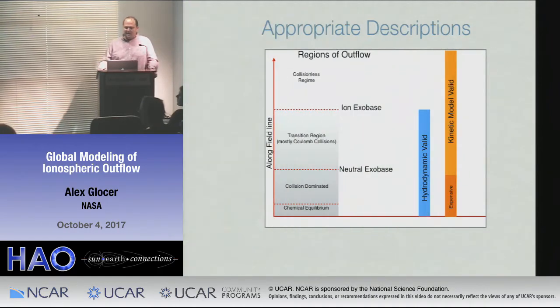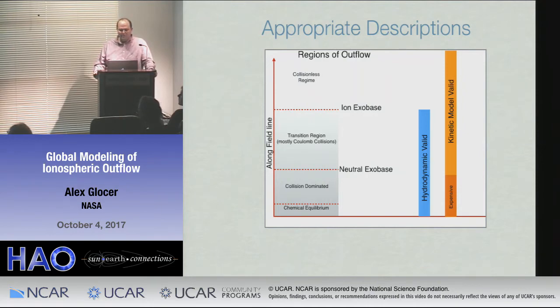So anywhere below the ion exobase, the hydrodynamic model is probably valid. And as you go above the ion exobase, you're basically losing validity if you're using the hydrodynamic approach. On the other hand, the kinetic model is valid everywhere. But as you go down to the very collision-dominated and chemistry-dominated regime, the kinetic model gets very, very expensive.